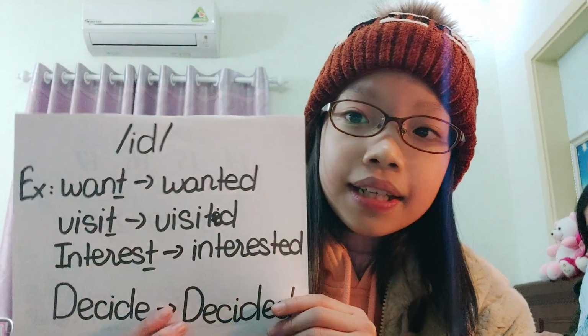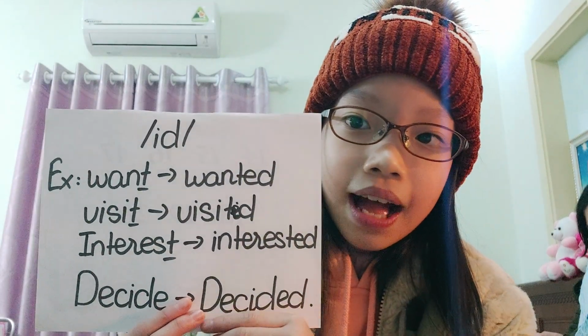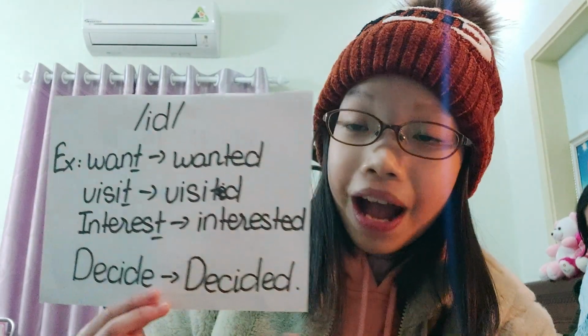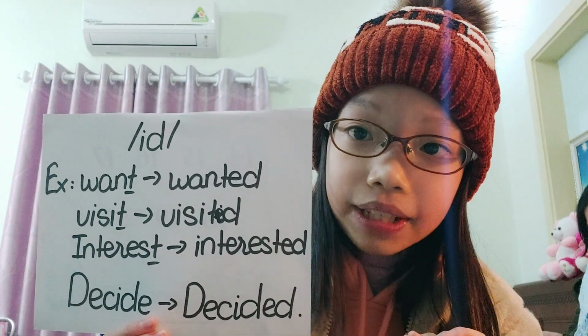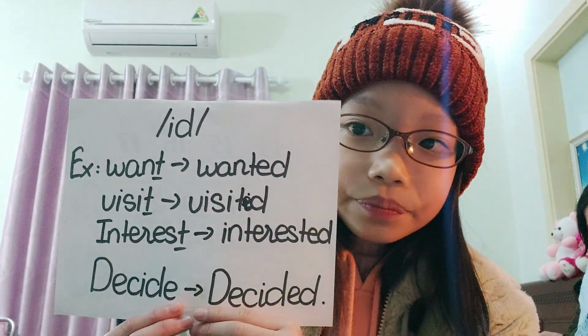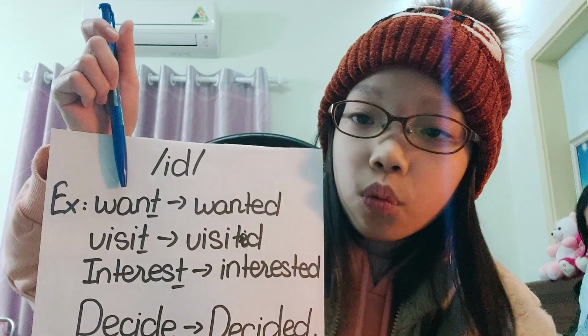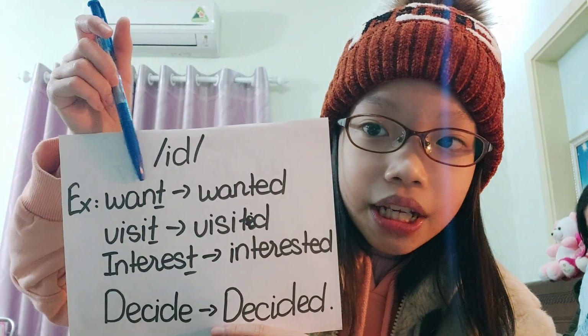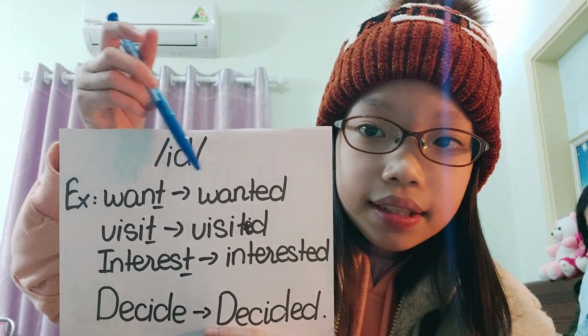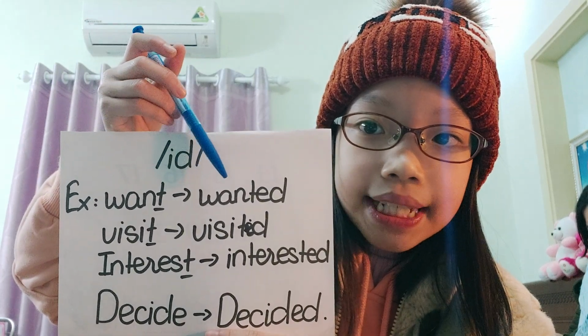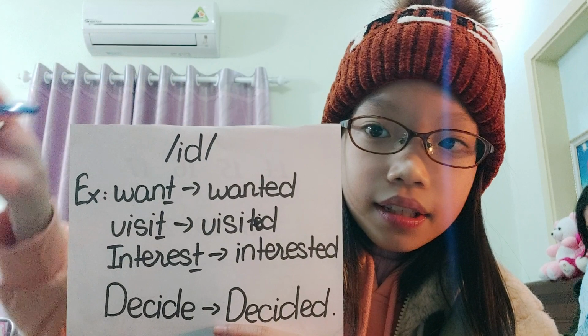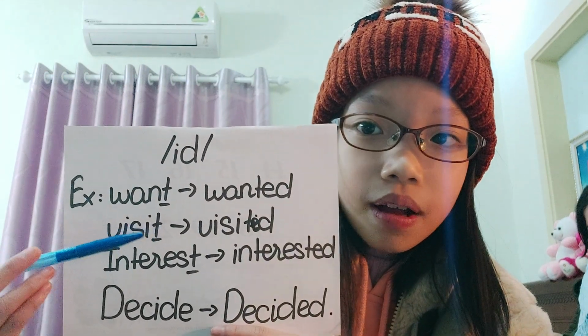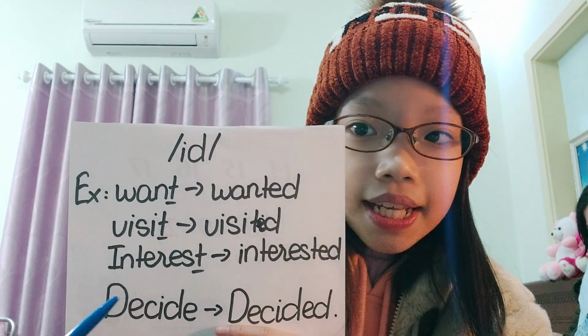First, we will practice the id sound. I have 4 examples, and if you have more words, you can write them down and practice. Let's take a look at this word. Want. The last letter is T. So we pronounce it wanted. There's visit, visited.